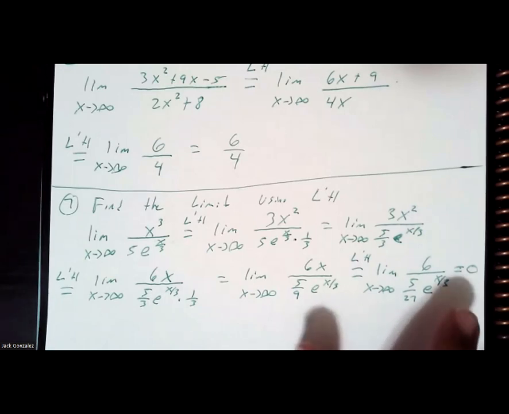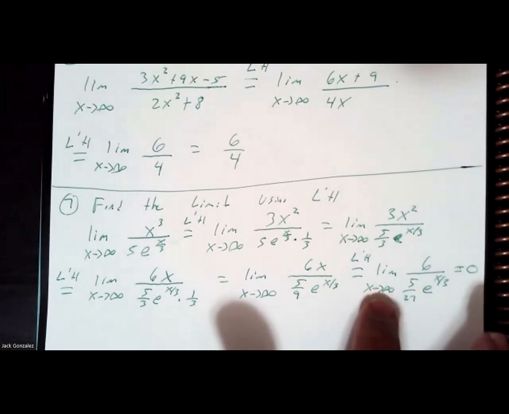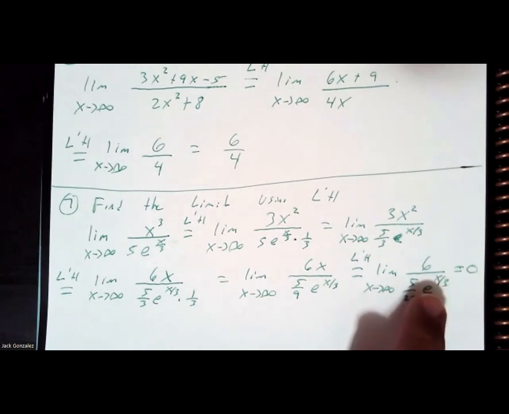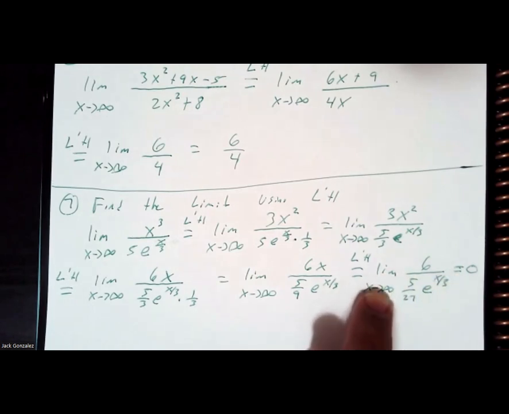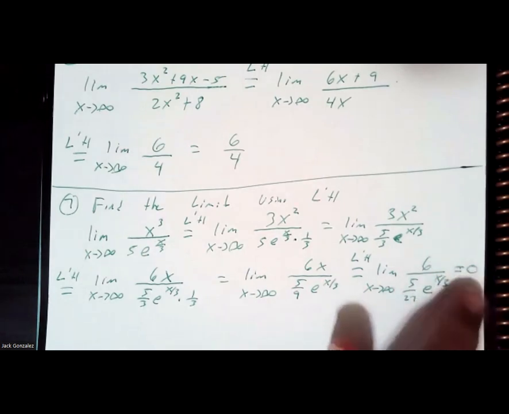No, the limit is 0 because this fraction will go to 0 if x grows without bound. So if I let this x in the exponential, because this is e to the x over 3, and the 3 doesn't really matter, you have an exponential function that grows really fast, and then you let x go to infinity, the entire bottom is getting infinitely big. So the fraction just zeroes out. I gotcha.